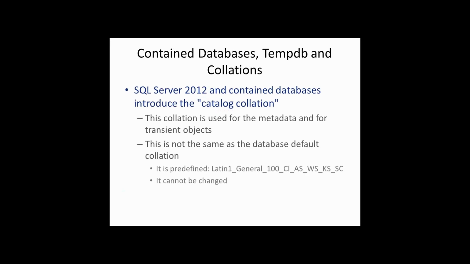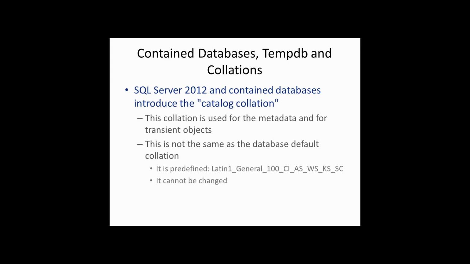And let's go on and look at the last piece of this, which is something that I wish they had extended beyond the limits of contained databases. It seems to me that it would be equally useful for any database. What they've done, they being Microsoft, is introduce something called the catalog collation.